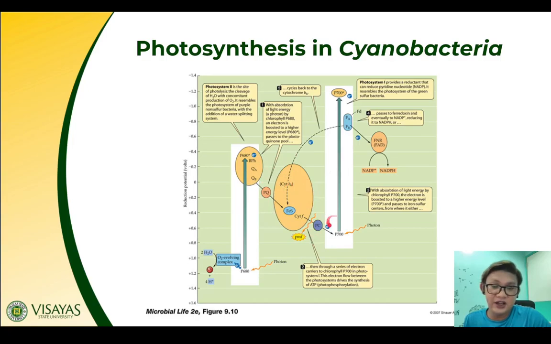As it loses its energy, the electron will be re-excited at P700 in photosystem 1. It becomes excited again and will lose the energy as it is passed on via the different electron acceptors, and finally it will be taken up by NADP+ and becomes NADPH together with protons.